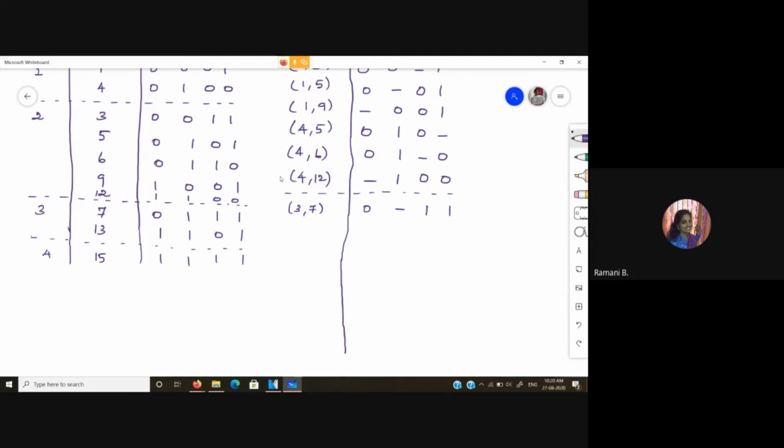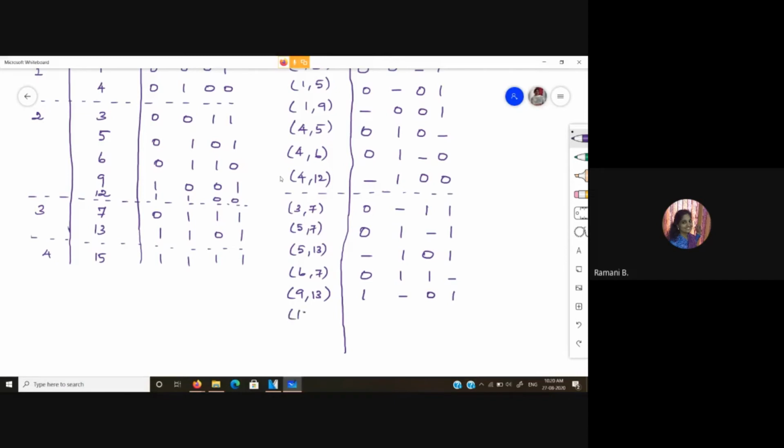Then 5 comma 7, 0 1 dash 1. 5 comma 13, dash 1 0 1. Then 6 comma 7, so we have 0 1 1 dash. And then 6 comma 13, many variables change. Then 9 comma 7, that is not possible. Then 9 comma 13, 1 dash 0 1. And then 12 comma 7, not possible.